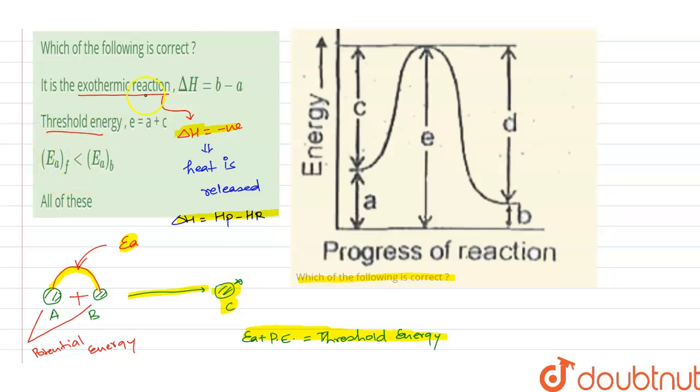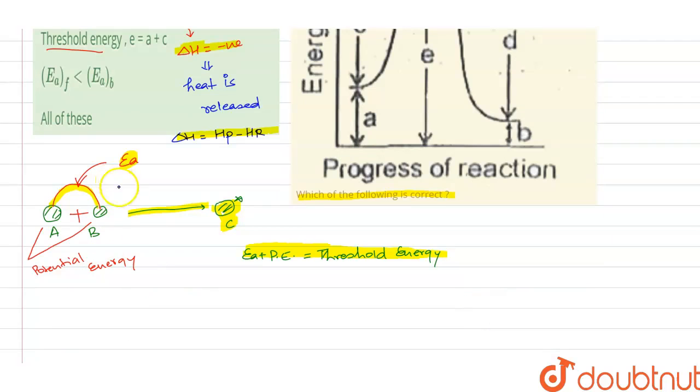Now we define what EAF and EAB are. For this, as we have taken this example, suppose this is an equilibrium where the rate of forward reaction is equal to the rate of backward reaction.